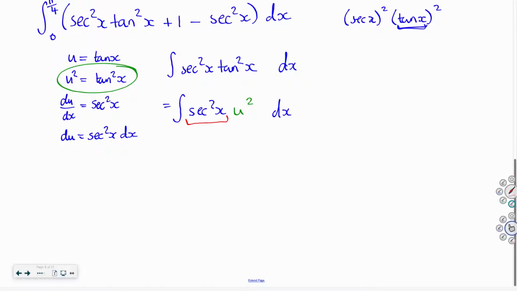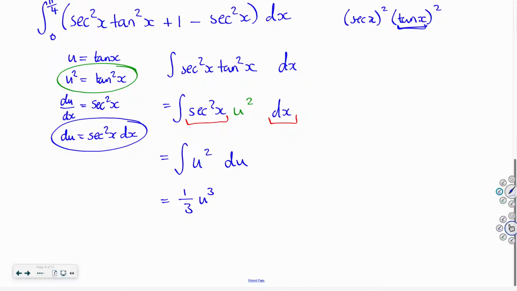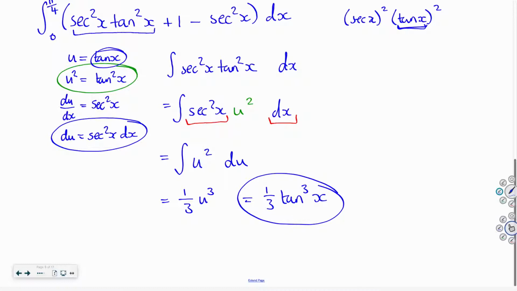We've got a sec squared x and a dx, so we can replace sec squared x dx with du. So that becomes u squared du. Integrating that, we get a third u cubed. Now u was tan x, so that's a third tan cubed x. That's what we get when we integrate this part here.